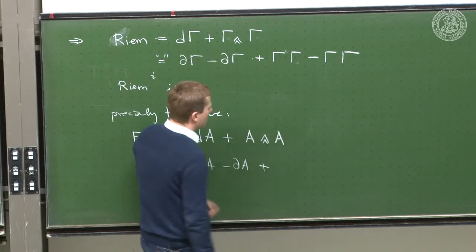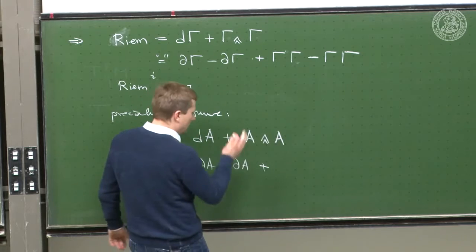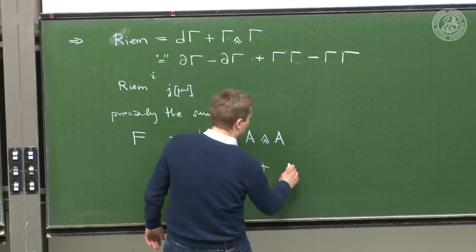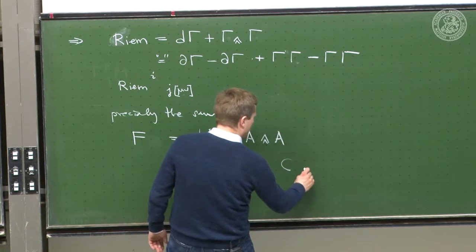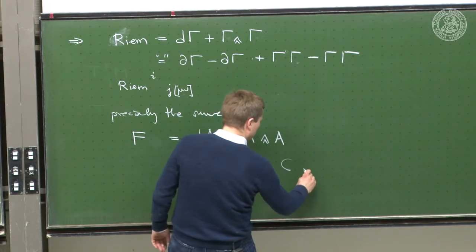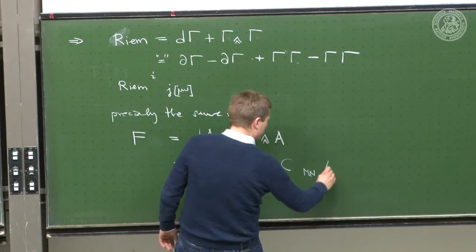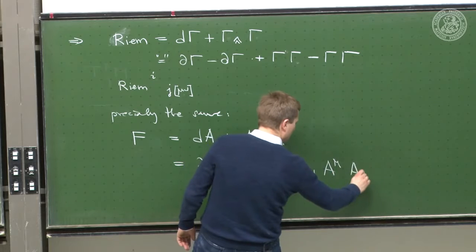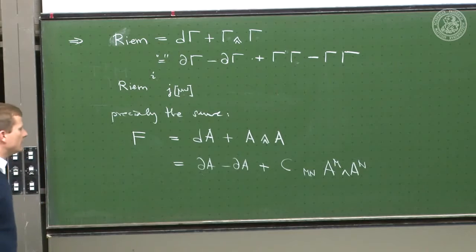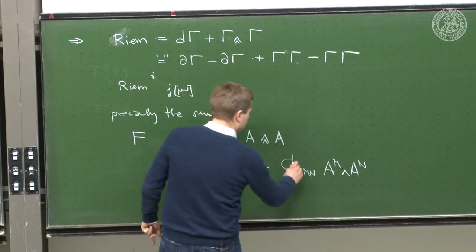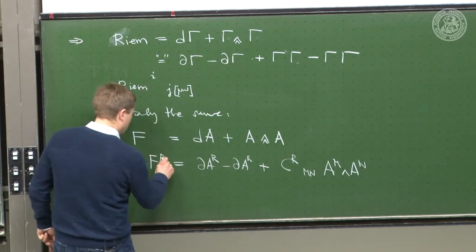The Lie algebra here needn't necessarily be given by a matrix group, although mostly it is. But we could, for instance, label the Lie algebra indices by a capital M and N, and then we put this wedge in between for the one form aspect, and the result is Lie algebra valued.